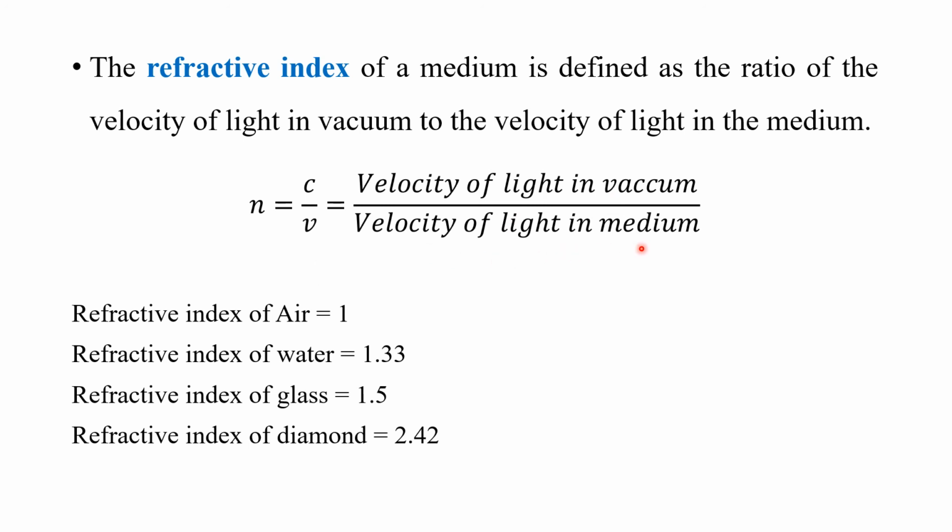The medium can be something like air, water, glass, diamond. For these mediums, there is a standard refractive index. The refractive index of air is always equal to 1. The refractive index of water is 1.33. The refractive index of glass is 1.5. Similarly, for diamond, it is 2.42.